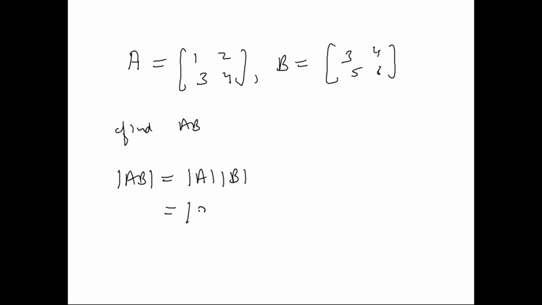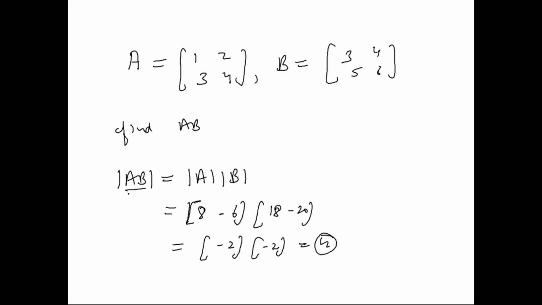Determinant A will be 8 minus 6, and determinant B will be 18 minus 20. So this becomes 2, and this becomes minus 2, so the product is minus 4. Find AB and let me know its determinant.